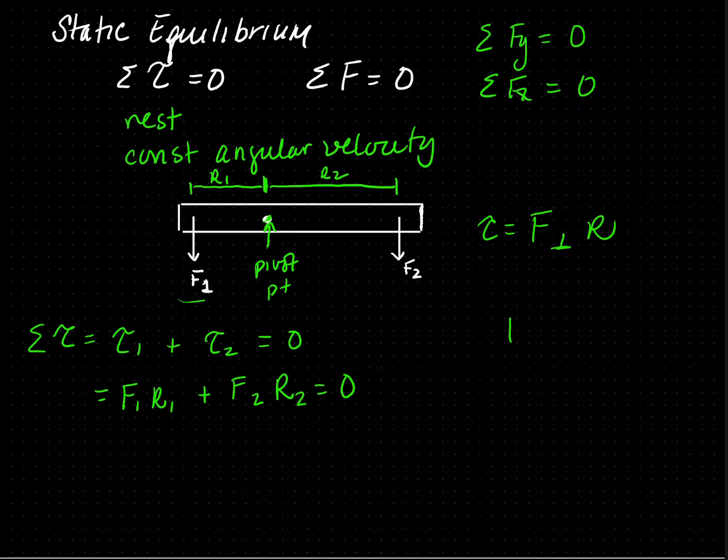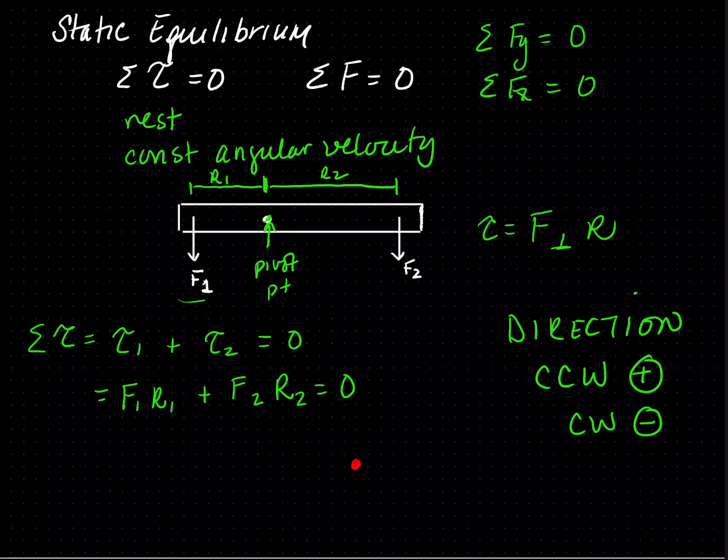By convention, the direction of torque is given as counterclockwise as positive, clockwise as negative. So if I look at the problem above, here is my pivot point. My F1 is located to the left of it.